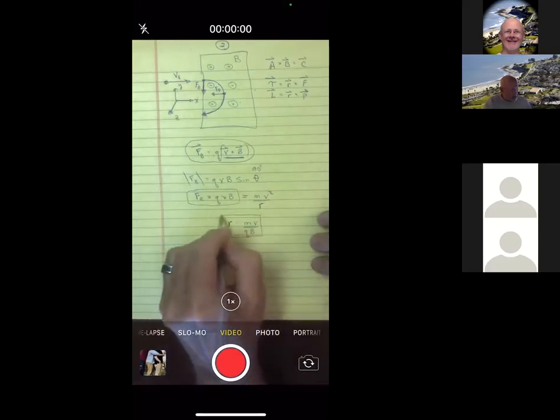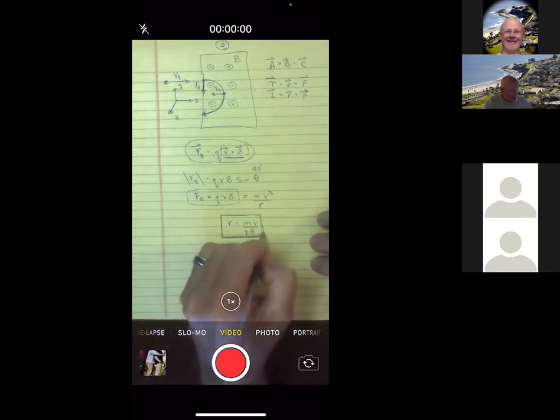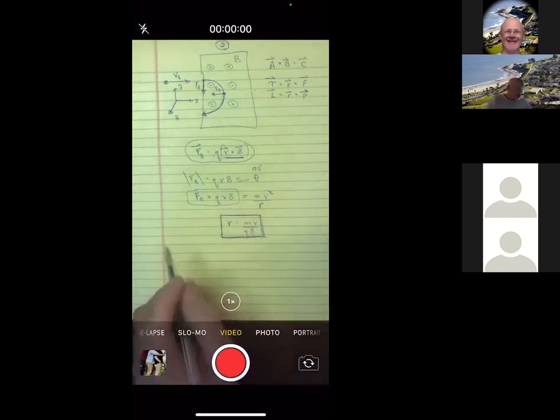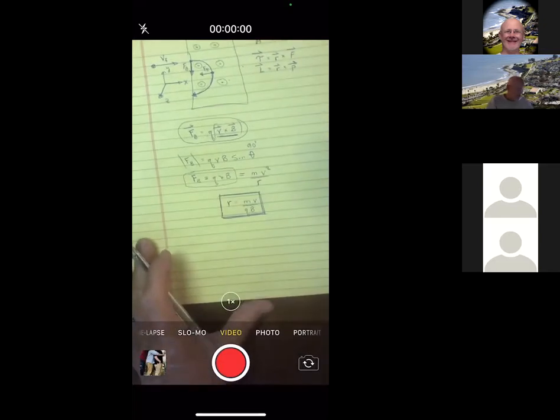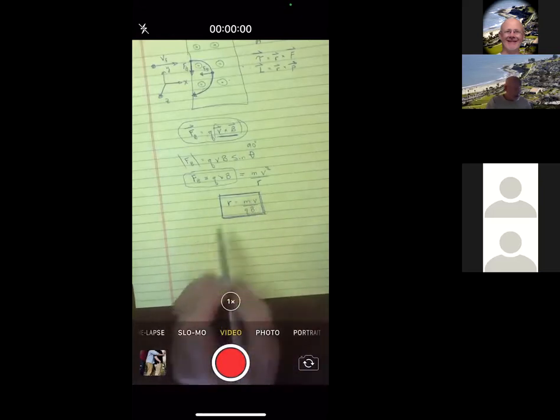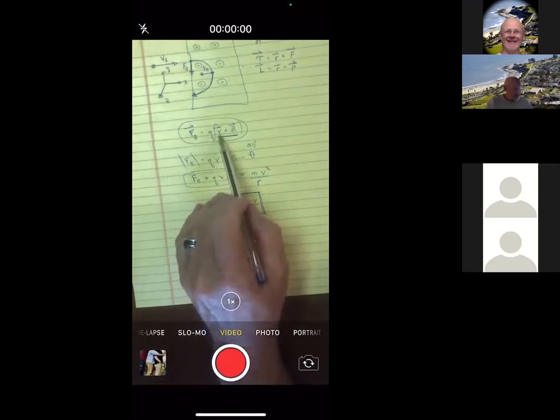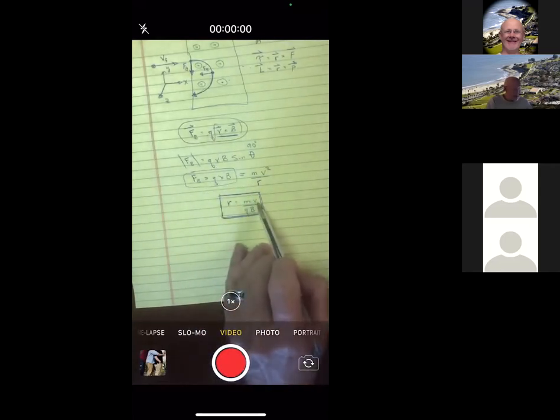So this is saying that a charged particle moving in a magnetic field will have a radius based on this equation. And since the force is always perpendicular to the velocity, it doesn't go faster.